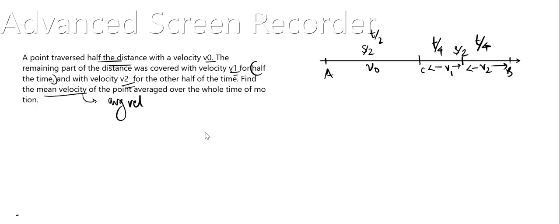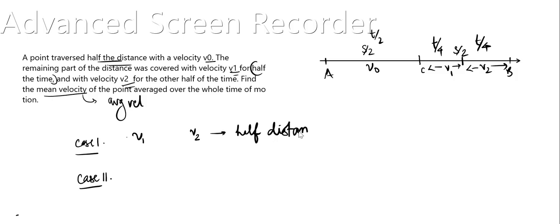So we know there are two cases, case 1 and case 2. These are separate cases in finding average velocity. In the first case, if half of the distance is covered with a particular velocity v1 and the rest half is covered with a particular velocity v2, then the average velocity is given by 2v1v2 divided by v1 plus v2.